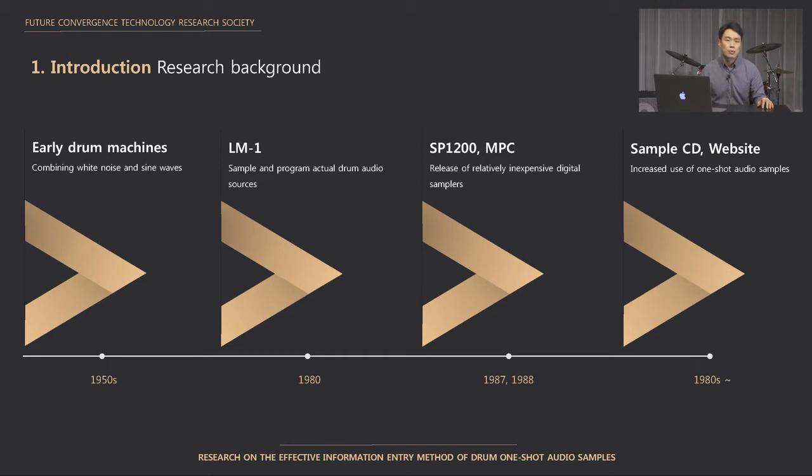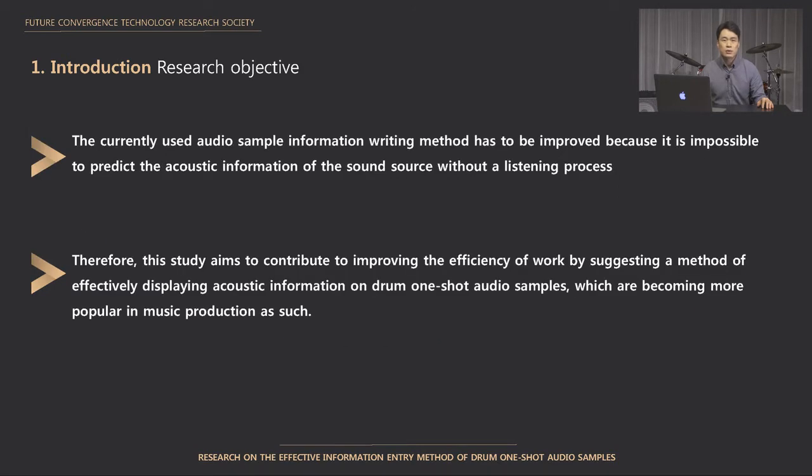Since the process of playing, editing, and mixing the audio samples has been previously completed, they can be used immediately as a sound source. However, the currently used audio sample information labeling method has to be improved because it is not possible to predict the acoustic information of the sound source without a listening process.